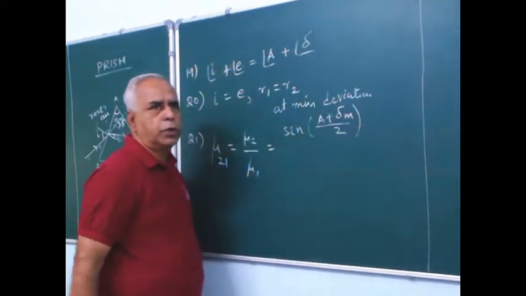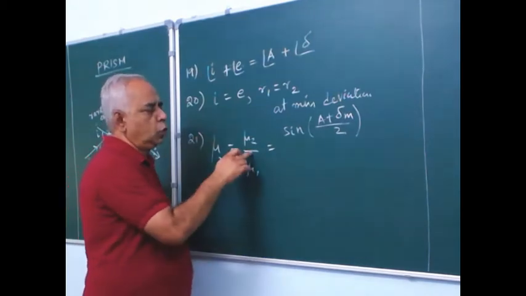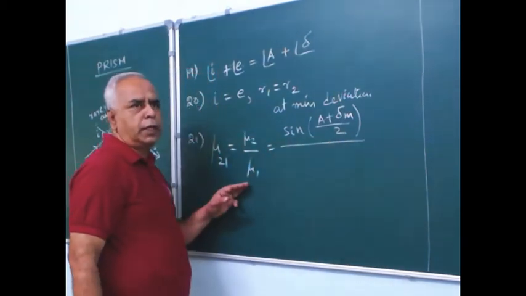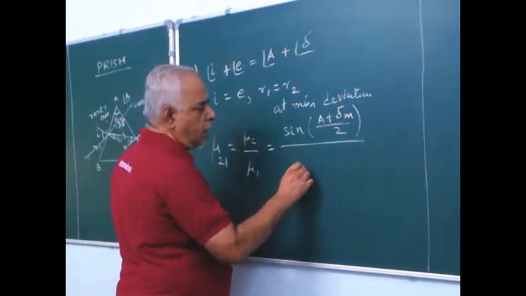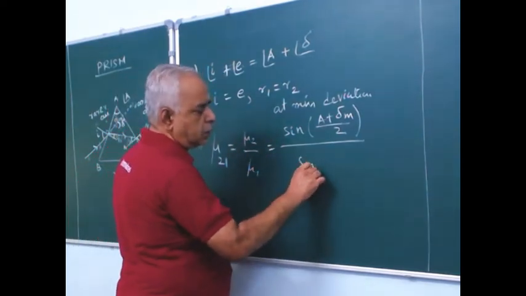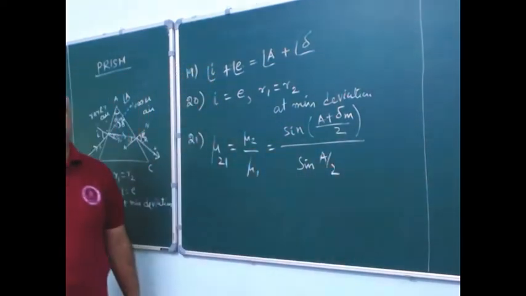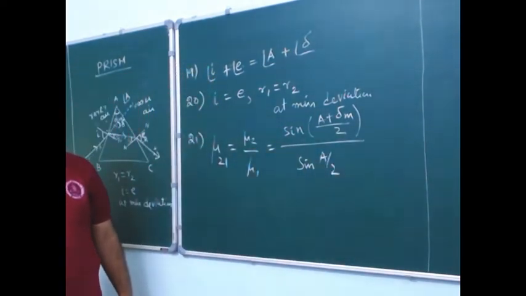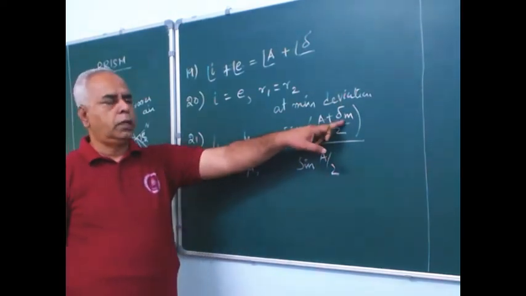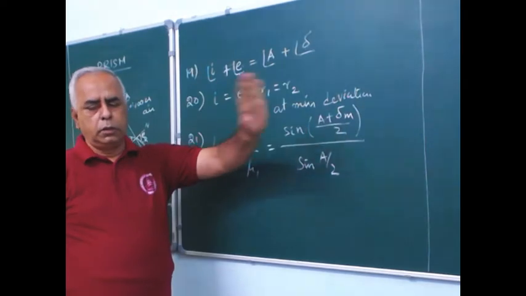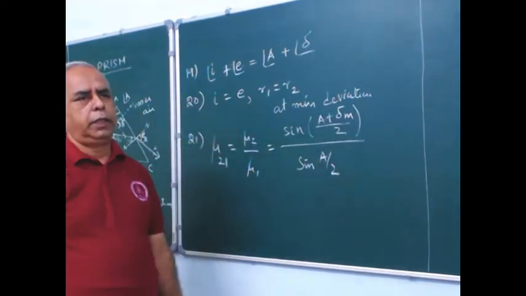So this is the appropriate formula for mu2, and for mu1 it is nothing but sine of half of angle A. It means that is sine A by 2. Okay, sine A by 2. Are you able to follow this? And what is this delta m? Delta m is nothing but the angle of minimum deviation. Okay.